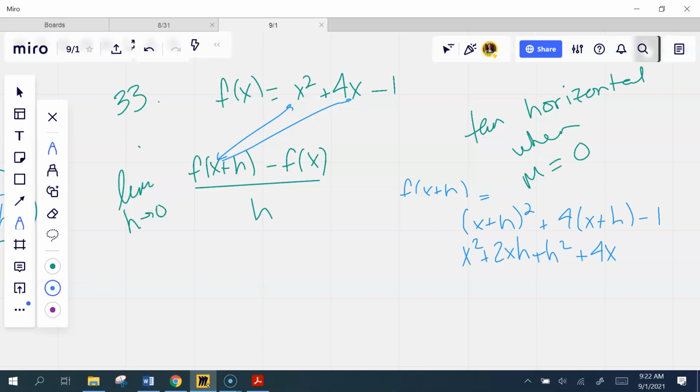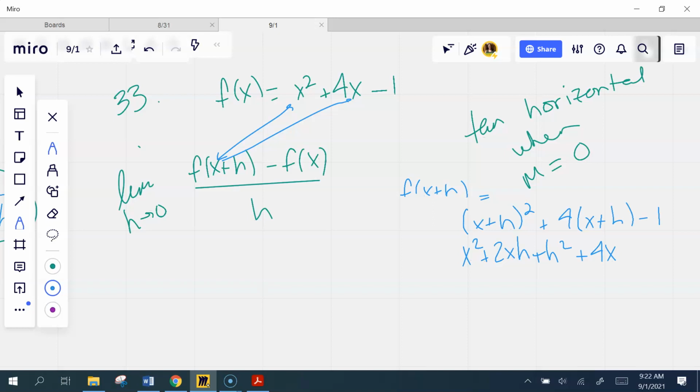So this is your slope formula, but instead of saying the difference in y over the difference in x, we take x and we say, let h be how much space is between my first x and my second x. And so it has to stay in there.